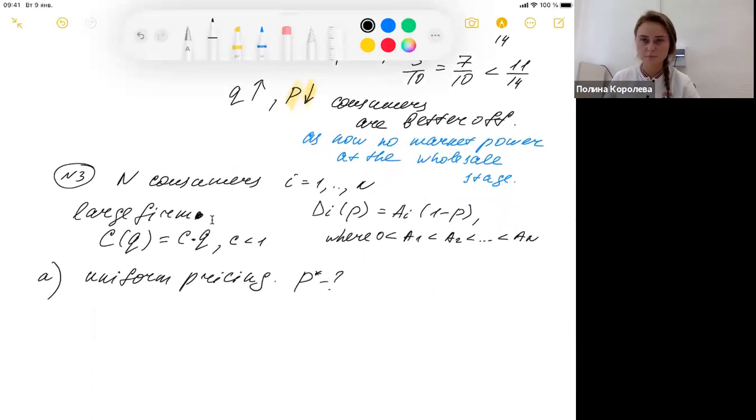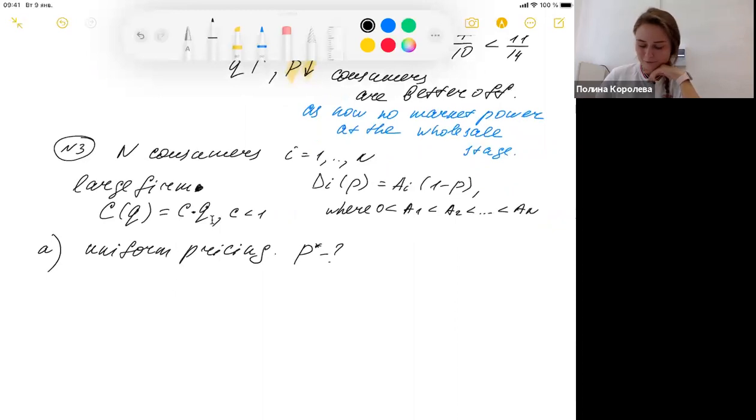How to find the uniform price? The price is the same for all consumers with different demands, so we need to work with market demand. How to find market demand? We need to sum up the demands of each consumer. So market demand will be the sum from i equals 1 to n of the individual demand of each consumer.